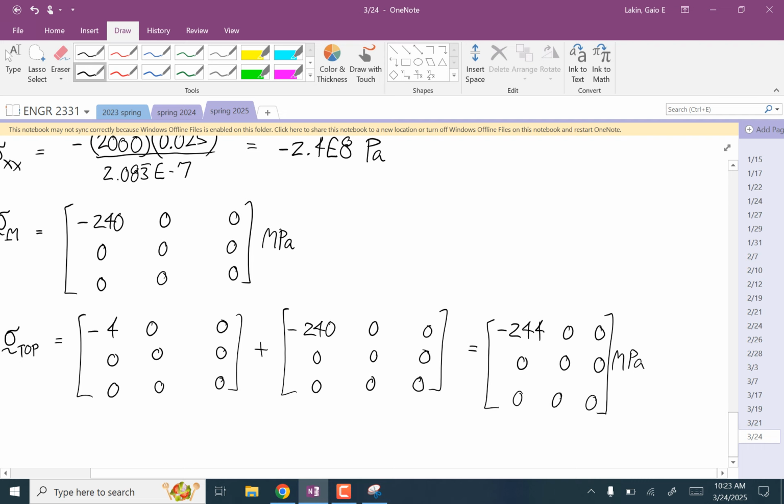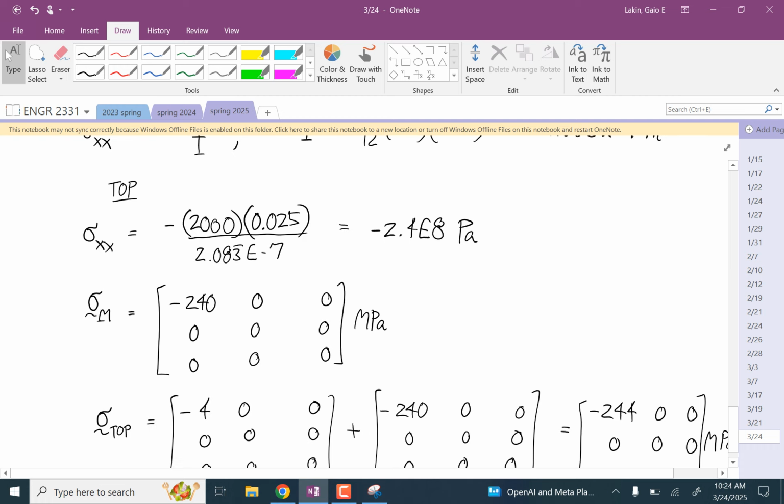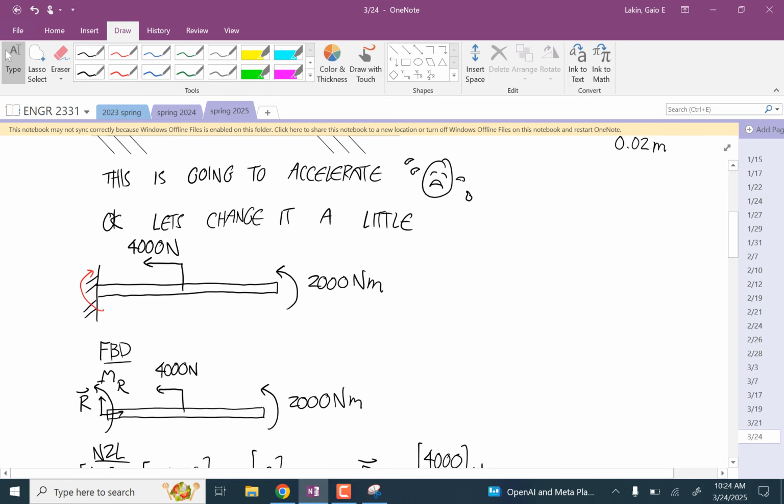Is there anything that would be able to withstand that? Well, I do not think so. If you look at the tensile test, like stress versus strain curve, that's compression.